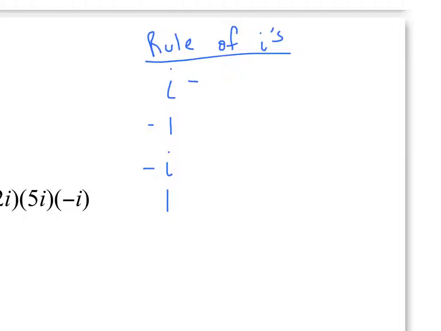That says that we have i, i squared, i cubed, and i to the fourth. That pattern then repeats for i to the fifth, i to the sixth, i to the seventh, i to the eighth. Repeats for i to the ninth, i to the 10th, i to the 11th, i to the 12th, and so on and so forth. Okay? The rule of i's is I won, negatives in the middle.